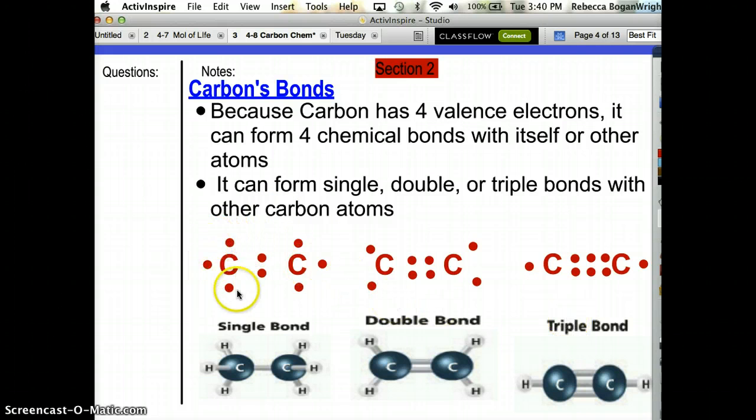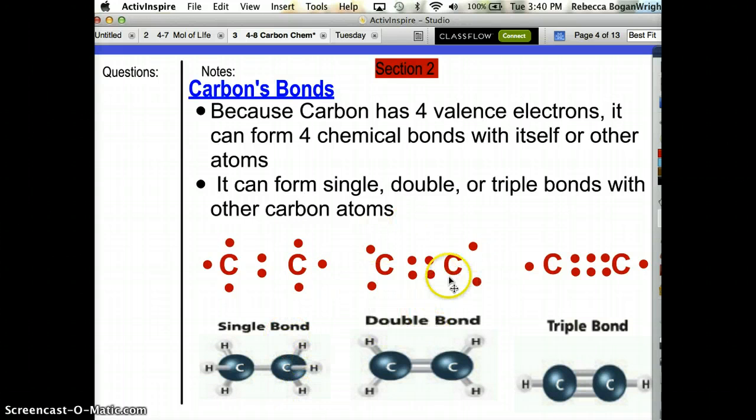Let's say carbon has 4 valence electrons, but it takes 2 carbon atoms come together and share 2 valence electrons. That would make a single bond, and therefore it would still have 3 valence electrons left over to form with other hydrogen atoms.